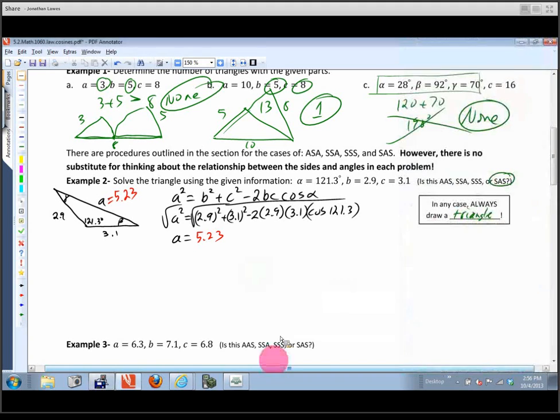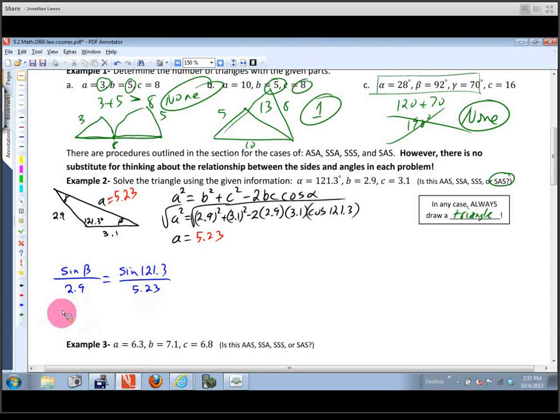Let's come back to our diagram here. Let's find angle beta. So in order to find angle beta, that's going to be the sine of beta. This would be one way that I could do it, over 2.9. And now because I have a corresponding angle inside, I can do the sine of 121.3 over, let's see, 5.23, or A, if I've got that stored in my calculator.